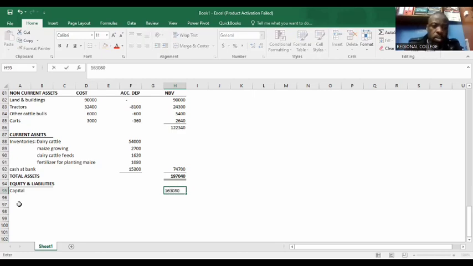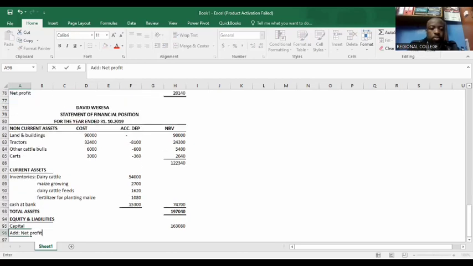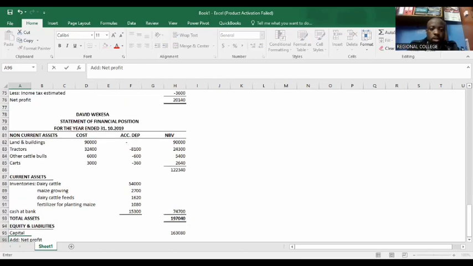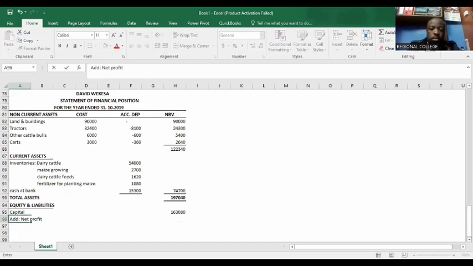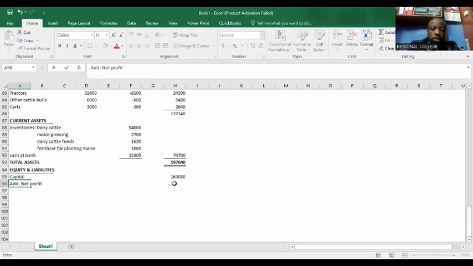Then we make from our income statement, it was a profit, isn't it? Yes. So add net profit, 21,140.